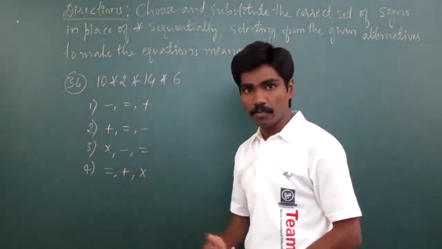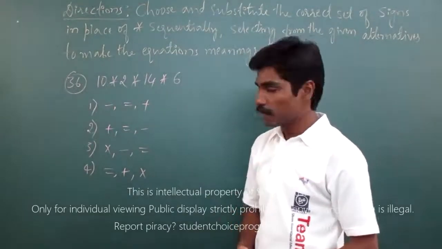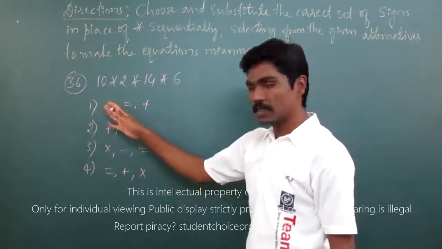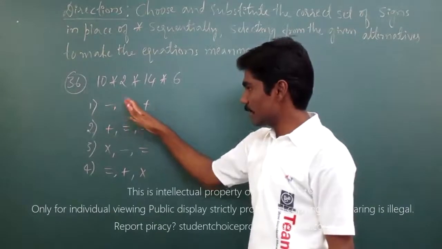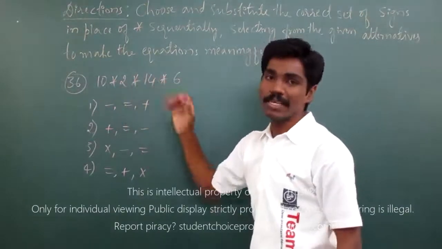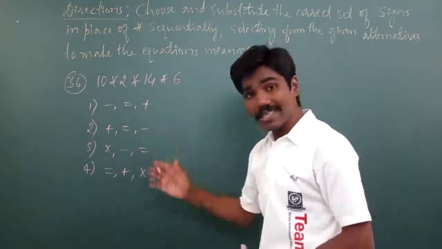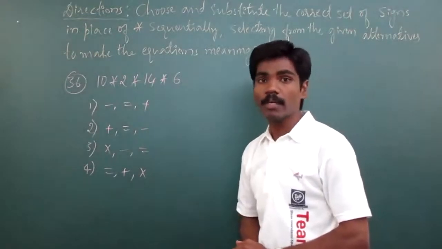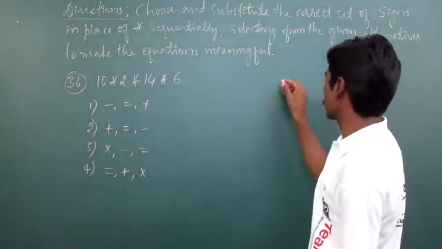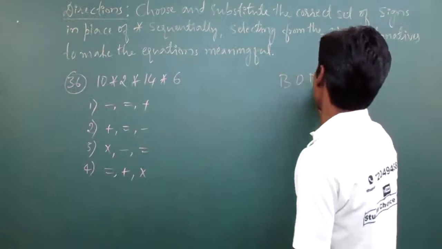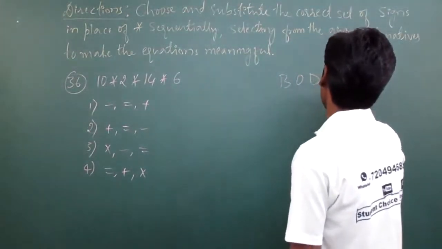In these kinds of problems, what we need to do is, first of all, we need to consider the given options, put these signs in place of the stars and check the equation. For solving such problems, you need to remember the BODMAS rule. What does the BODMAS rule say?